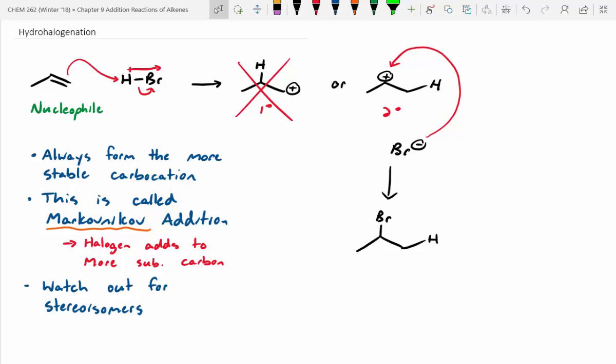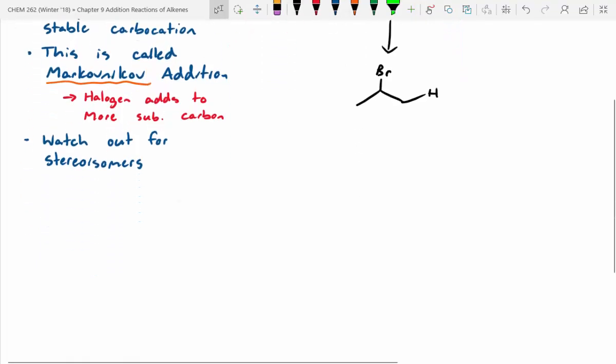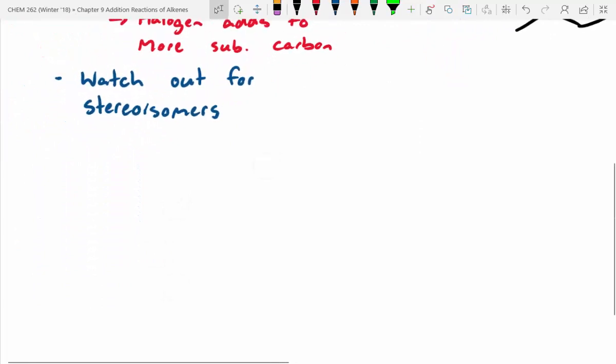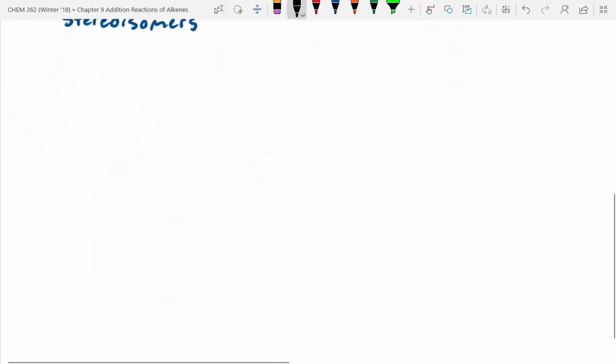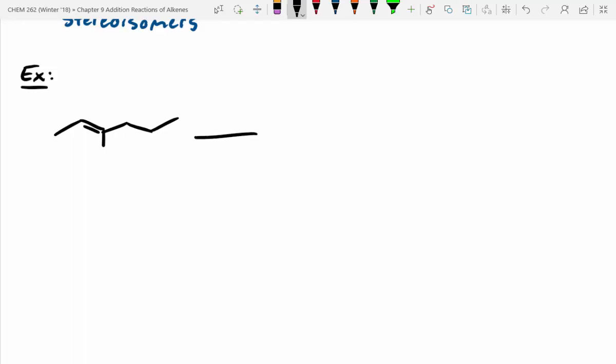Yep. All right, so let's take a look at an example where we do have a set of stereoisomers, and I'll ask you guys to help me with this reaction. So let's do this example. Let's say I have this alkene, and I have HBr as my acid. Let's go through and draw the full mechanism and pay attention to stereochemistry for this.